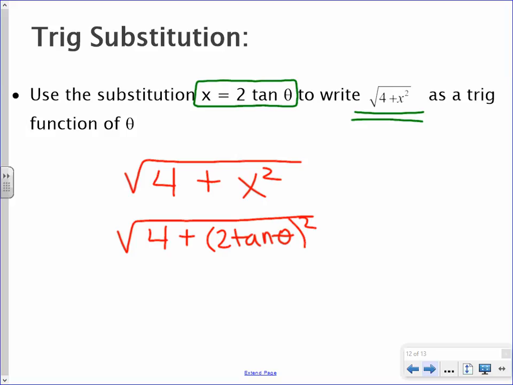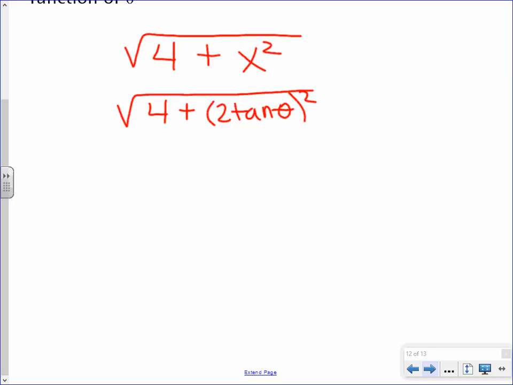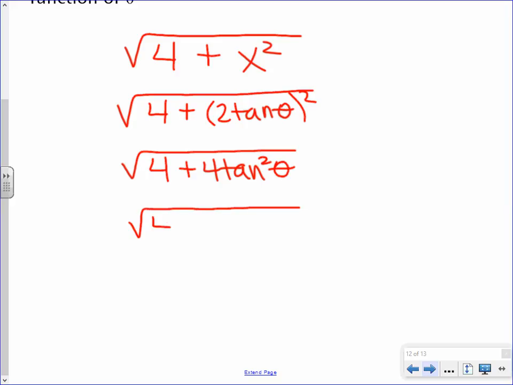Then we can go ahead and square it. So what we have is 4 plus 4 tangent squared theta. Okay. Now, I notice that there is a 4 in common with both of those terms underneath. All right? So what we can do is we can factor out a 4, so that left over is 1 plus tangent squared theta.